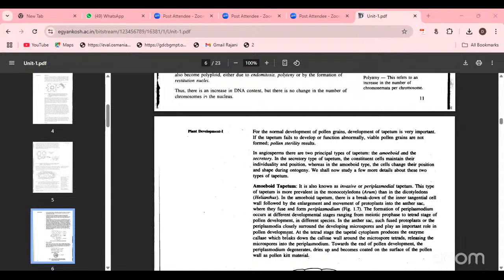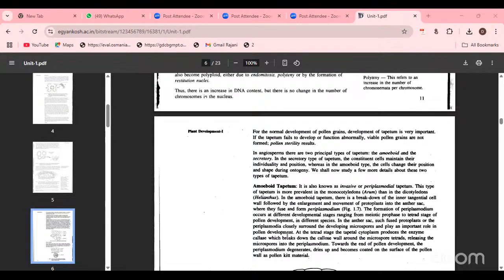In different species, in the anther, they fuse into protoplast, the periplasmodium, closely surrounded by the developing microspores, playing an important role in pollen development.